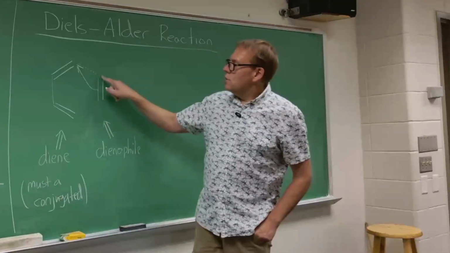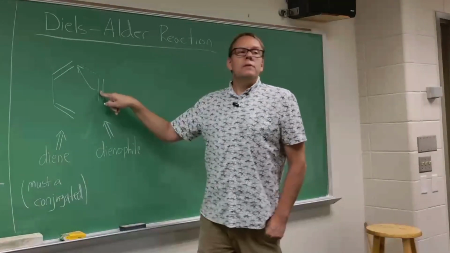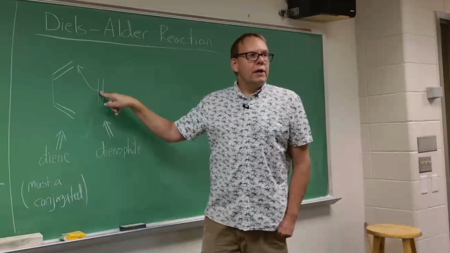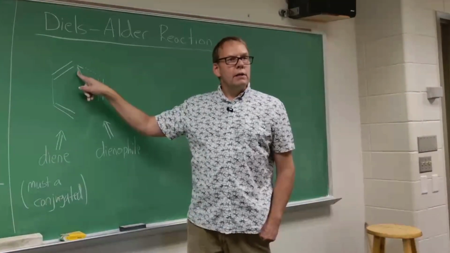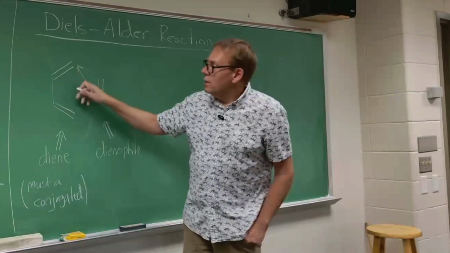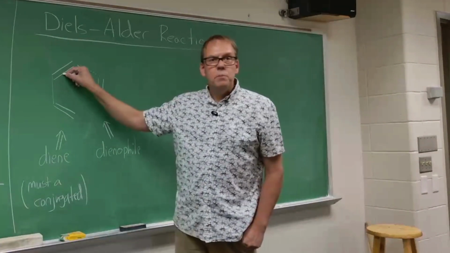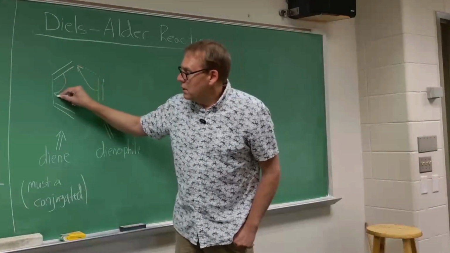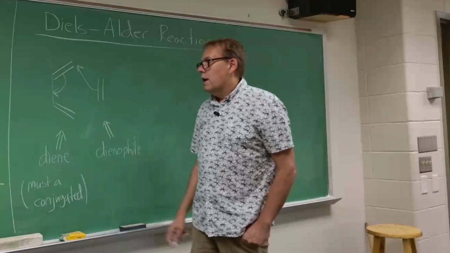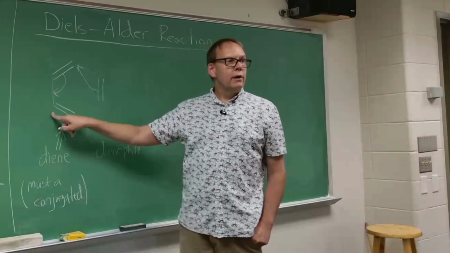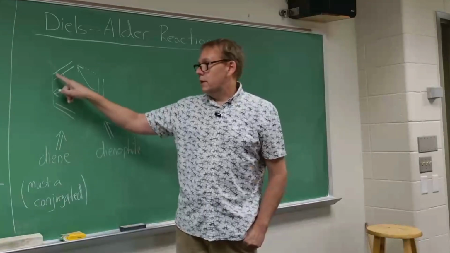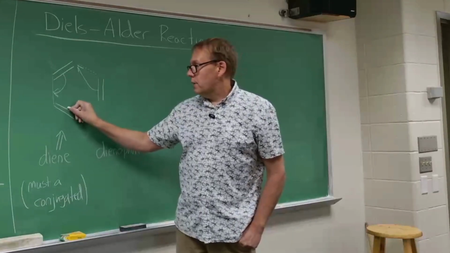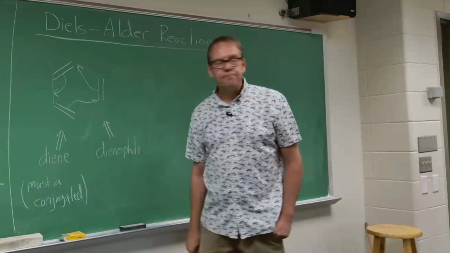So we're going to make a new carbon-carbon bond here using the pi electrons in that alkene. Then if you make a new bond to that carbon, you have to lose a bond because carbon can only make 4. So you need to take the electrons out of this pi bond and push them that way. And then you're going to make a new pi bond here. And when you do that, this carbon then has to lose one of its bonds because it's getting a new bond. So this pair of electrons goes over here like this.